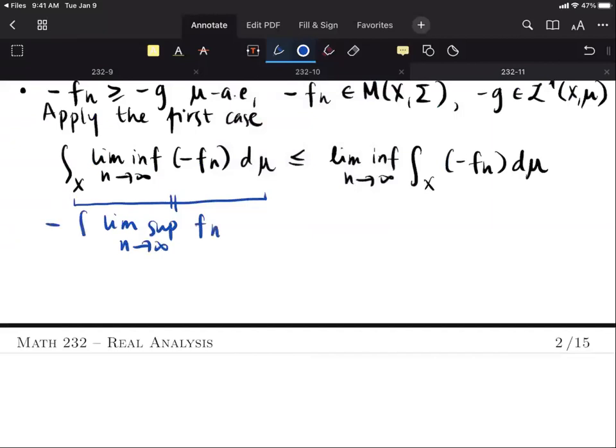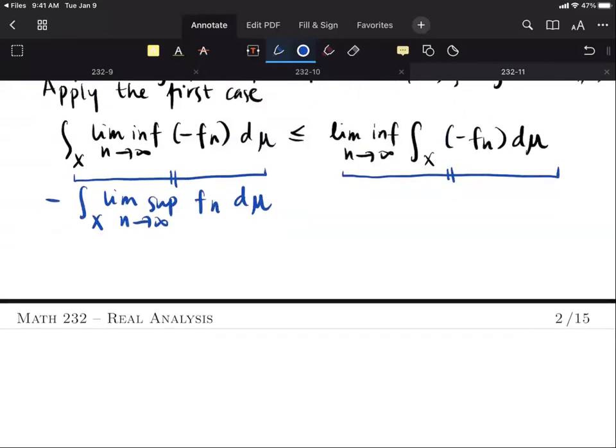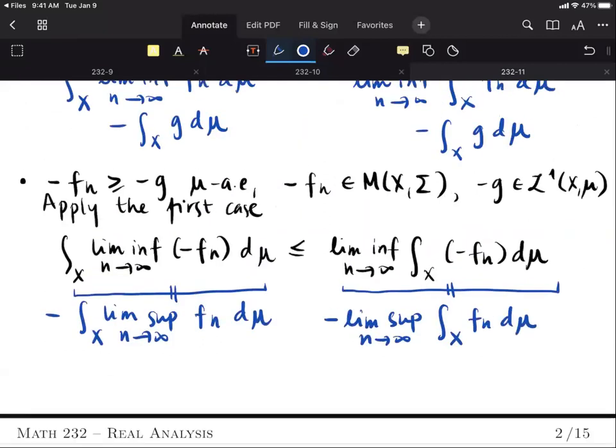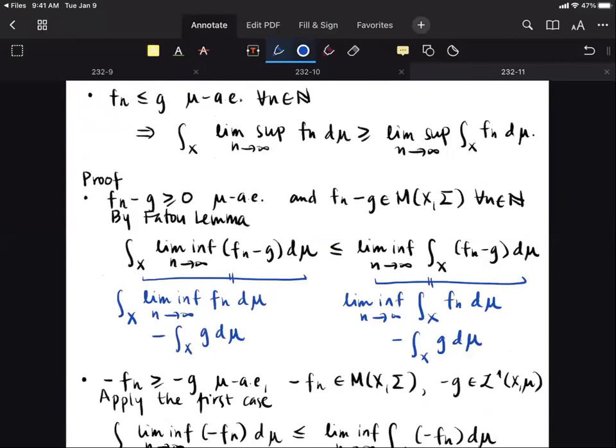And applying linearity of the Lebesgue integral, the left-hand side is the negative of the limit superior. Doing the same in reverse order, applying linearity and then pulling the negative sign outside the limit inferior, you will get this term. And now you see why the inequality is reversed, because multiplying by negative 1, you will get this conclusion here.